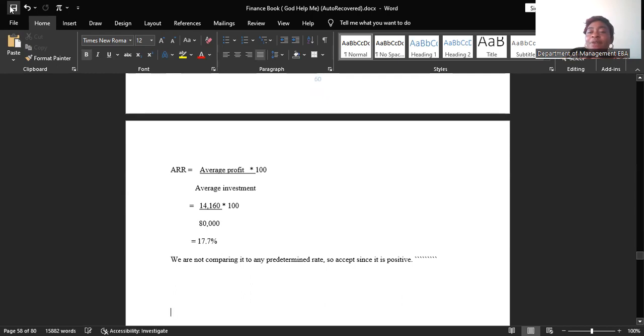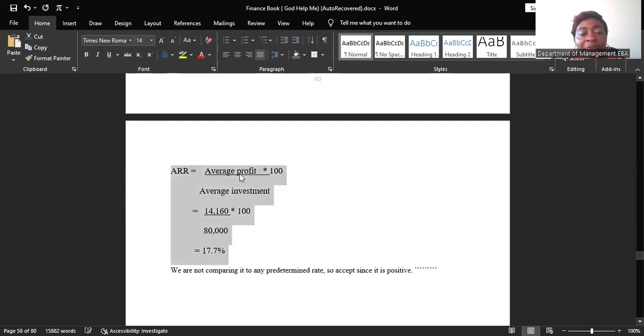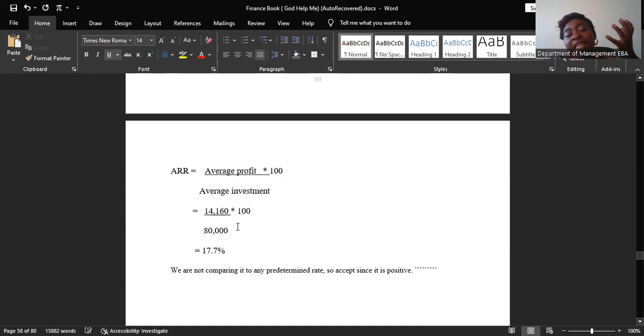So now we have everything, right? We have the average profit, we have the average investment. Then let's calculate the average rate of return, or accounting rate of return, however you want to call it. It's average profit over average investment times 100. So the average profit was 14,160 over the average investment of 8,000.